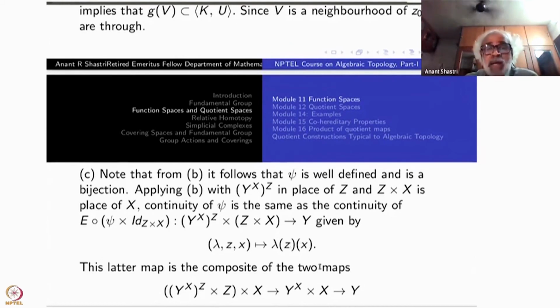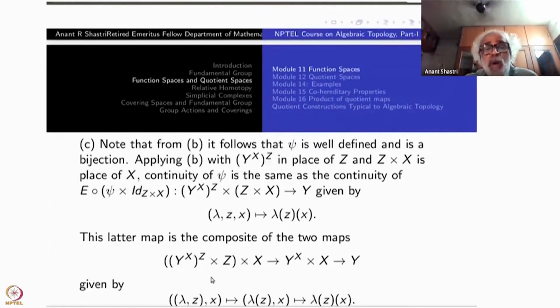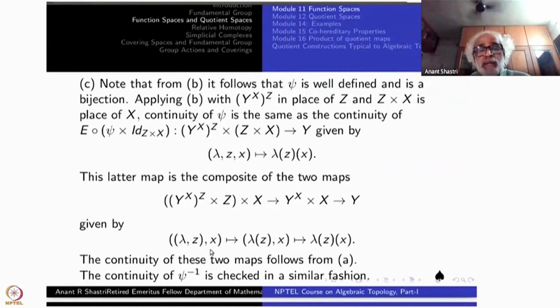So this latter map is nothing but, you can think of this as Y power X power Z cross Z, I'm putting the bracket the other way around, cross X. So from here, where are you coming? Y power X cross X. This is continuous. From here to here, again another evaluation, which is continuous. So this is given by lambda z x, lambda z, you are evaluating cross x.